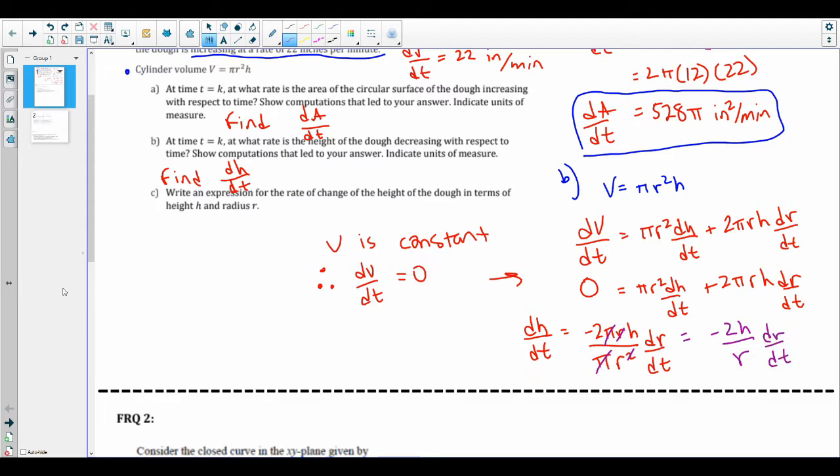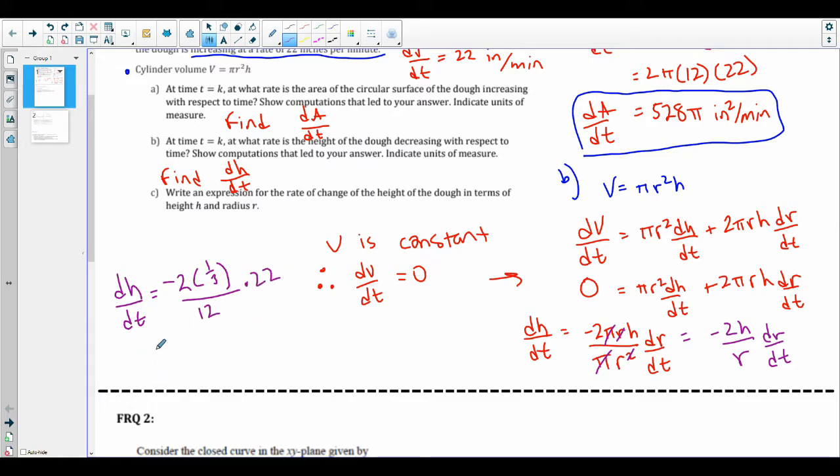If we plug all that in, let's see, negative 2, h in this case is 1/3. r is 12. dr/dt is 22.